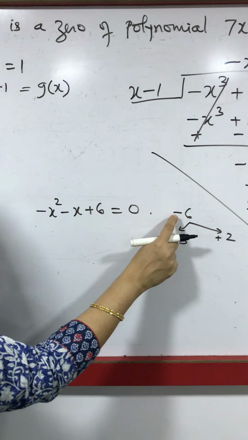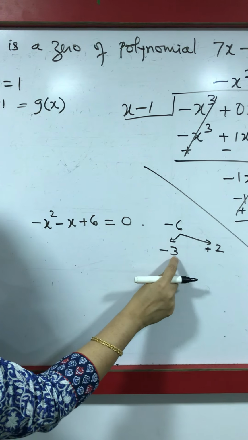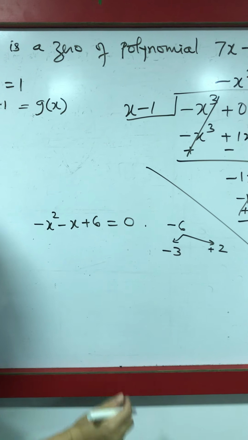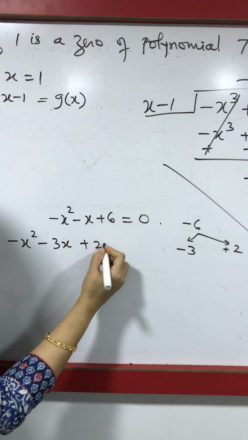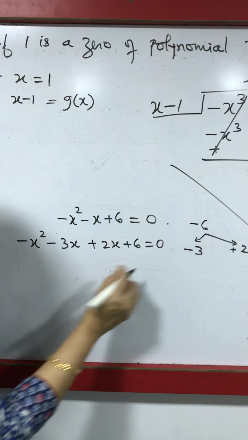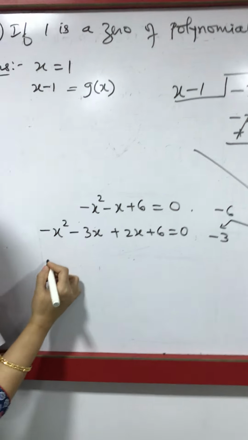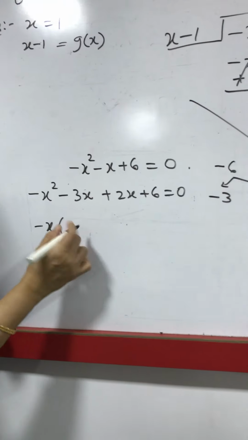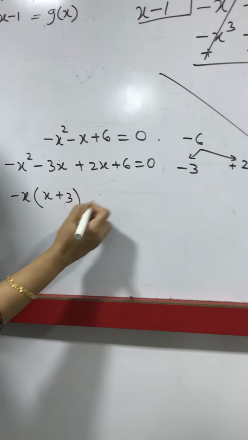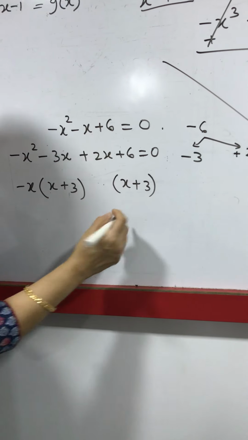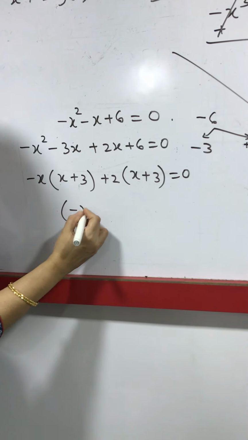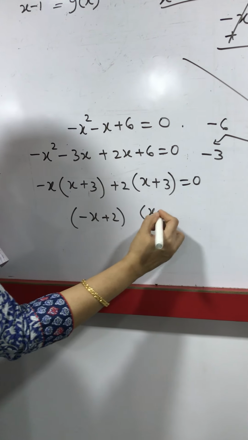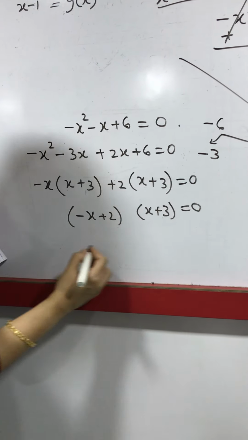Minus 1 into 6 is negative 6. Factors of negative 6 are negative 3 and 2. So we split the middle term as minus 3x plus 2x. Taking common, we will write minus x common. So that is x plus 3. Repeat that factor. We write plus 2.